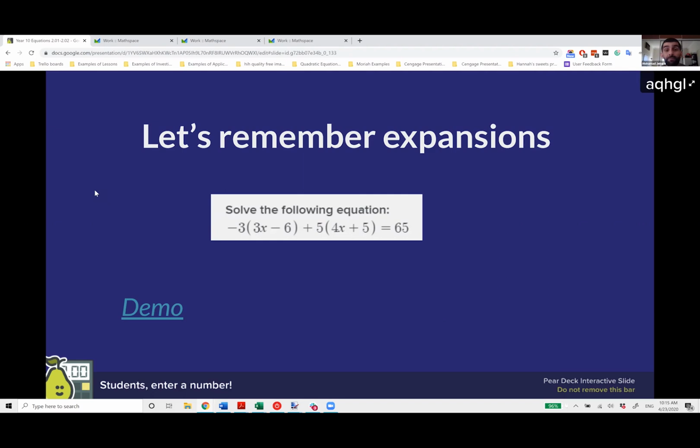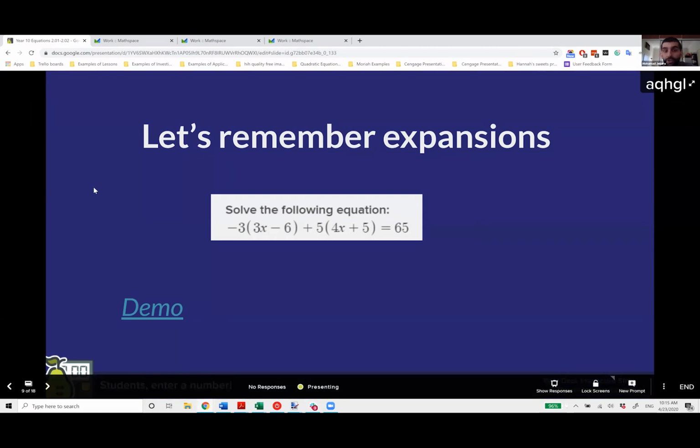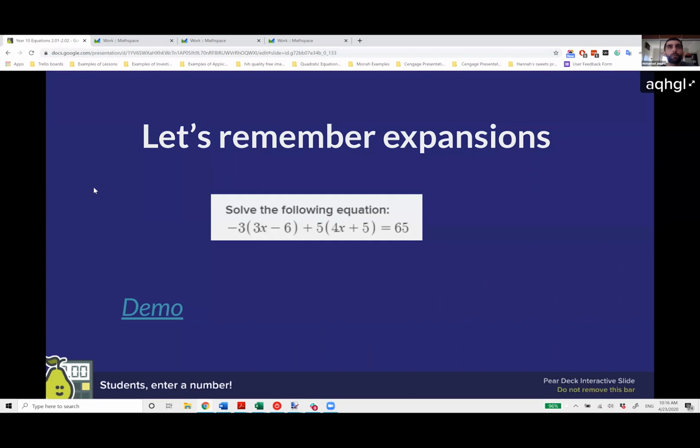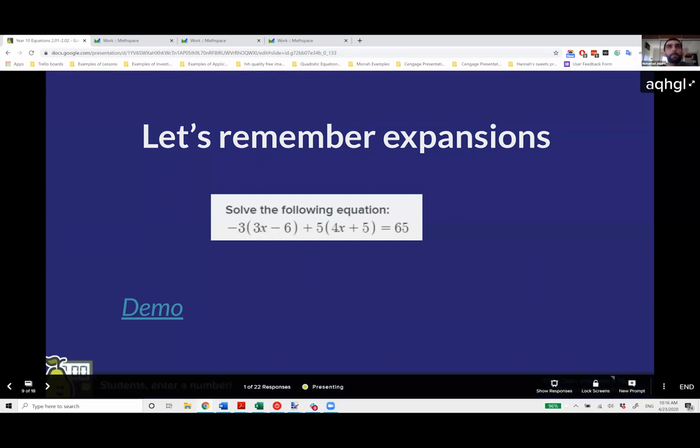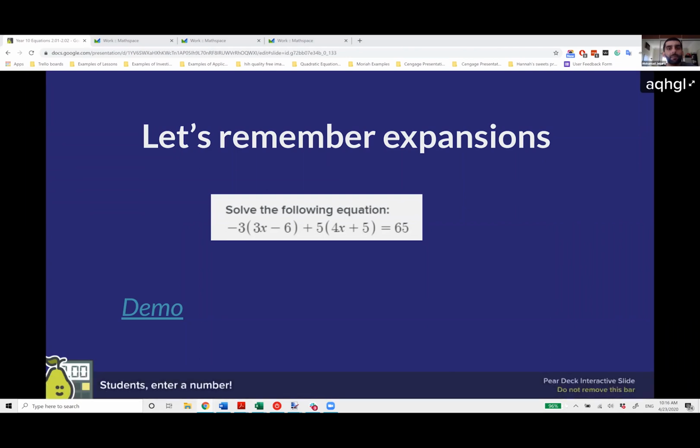All right, so last week we started looking at binomial expansions. Everything we learned in algebra is going to apply to equations. So let's see if everyone remembers their binomial expansions to solve this equation. All right, answers starting to come through. Some of you are speedsters, actually.